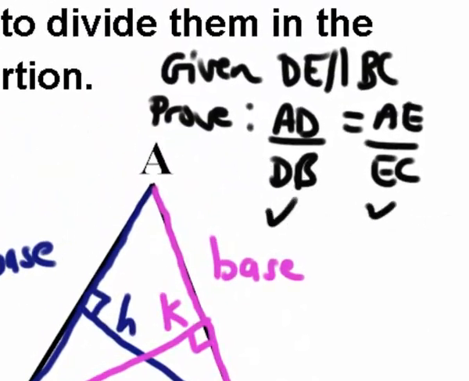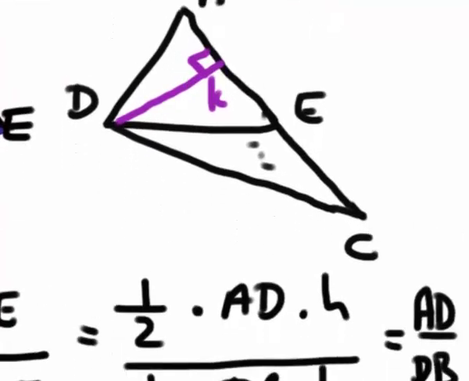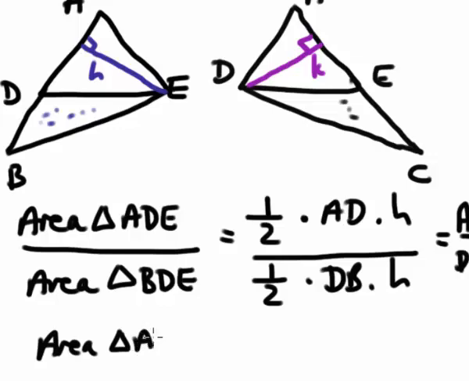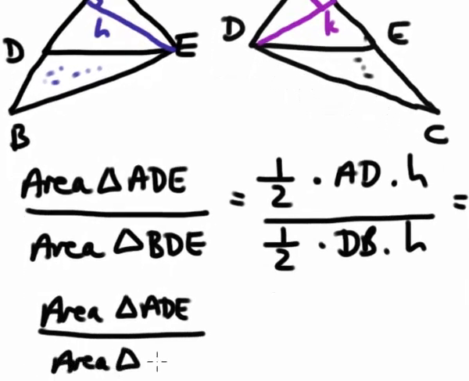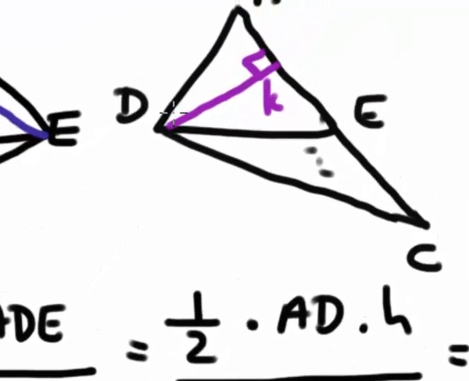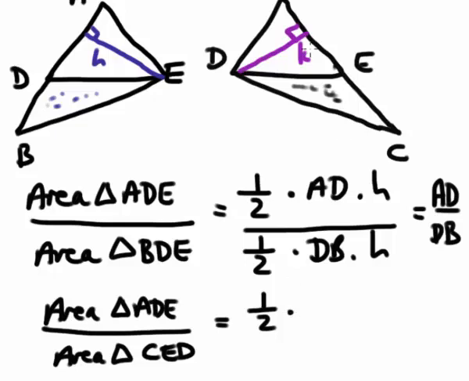Alright, now that gives us the first fraction, AD over DB. What about AE over EC? Well, look at these two triangles on the right here. If we say the area of triangle ADE divided by the area of triangle, now watch this, this is CED. So the area of ADE, and then this one CDE, is equal to, for the top triangle, a half the base, but the base here is relative to k, so the height is k.